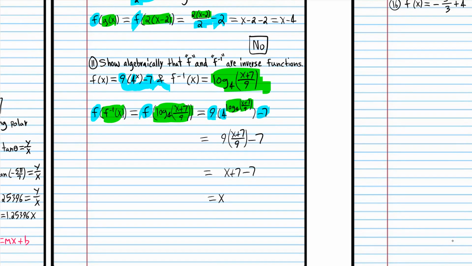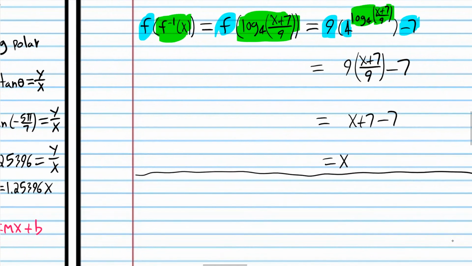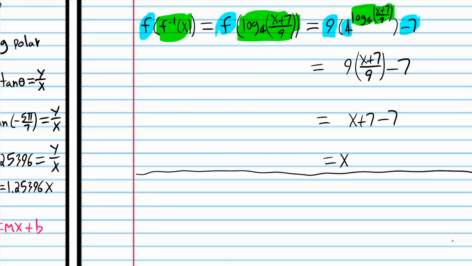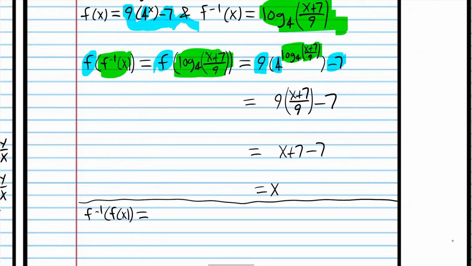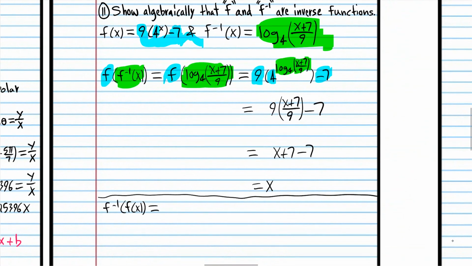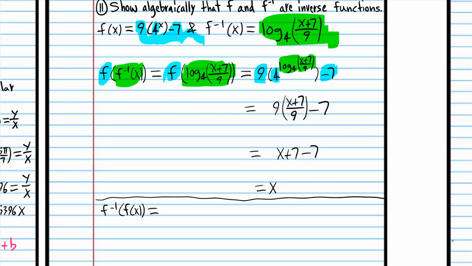But just to be thorough, we're not only going to simplify f of f inverse of x, but we're also going to simplify f inverse of f of x, just to make sure that these are inverse functions. So now we're going to go in the other direction. We're going to plug in the blue function into the green function.